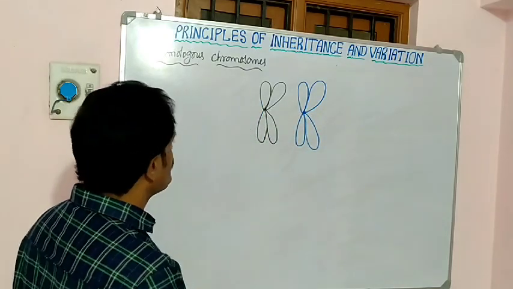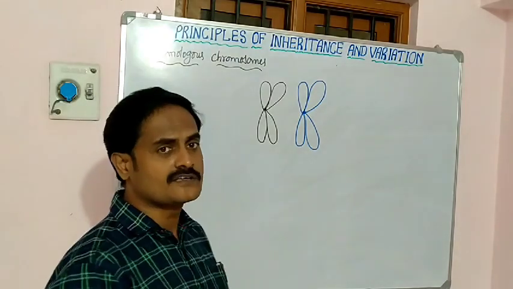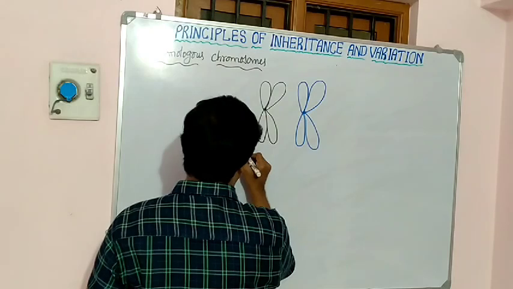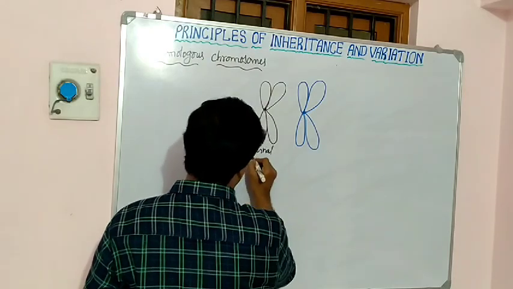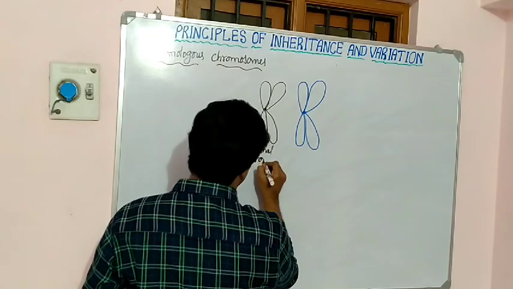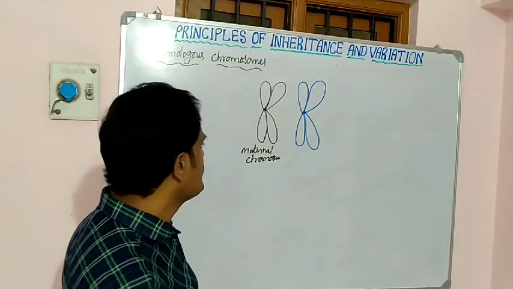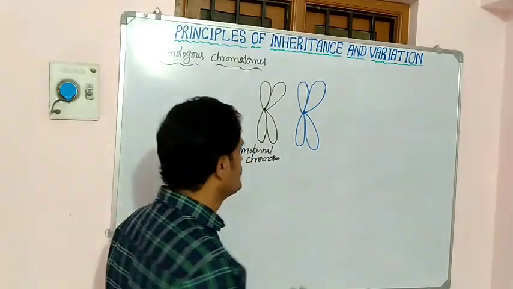For suppose these two chromosomes are parental chromosomes. For suppose this chromosome is a maternal chromosome. Maternal means female cell, which is present in the female cell.